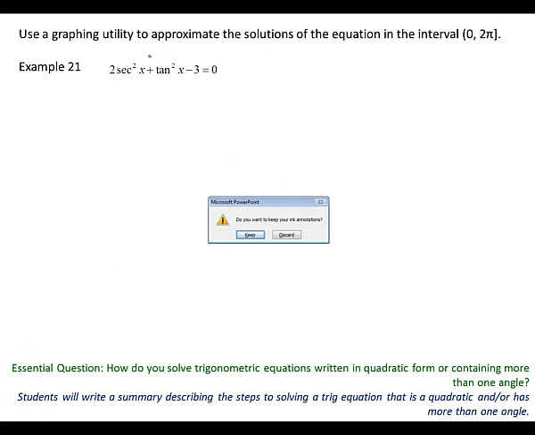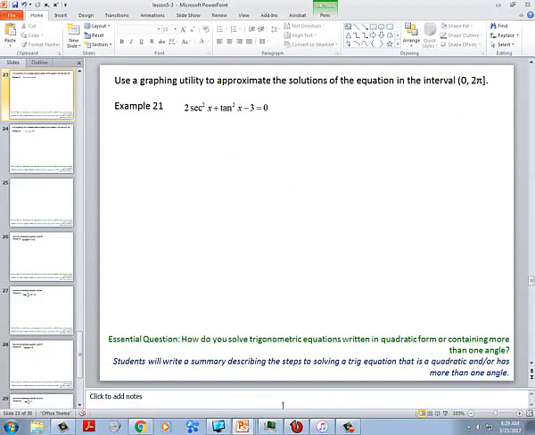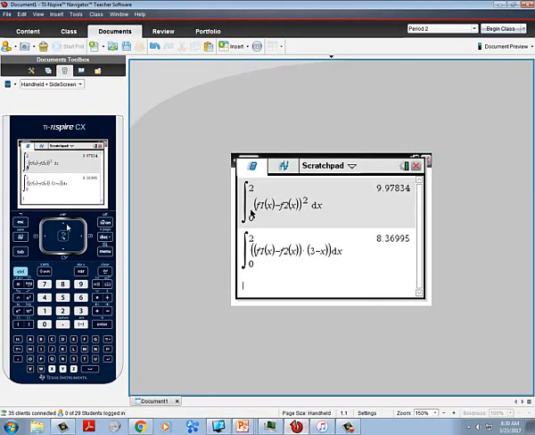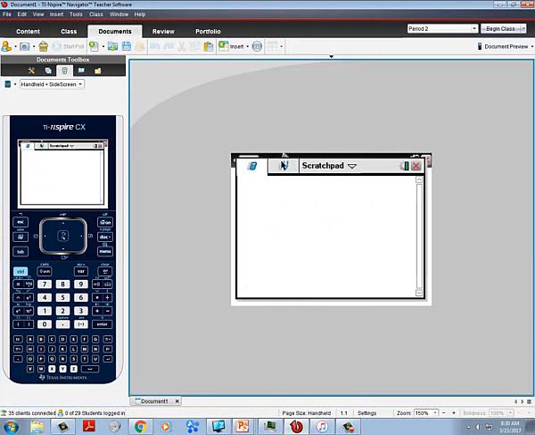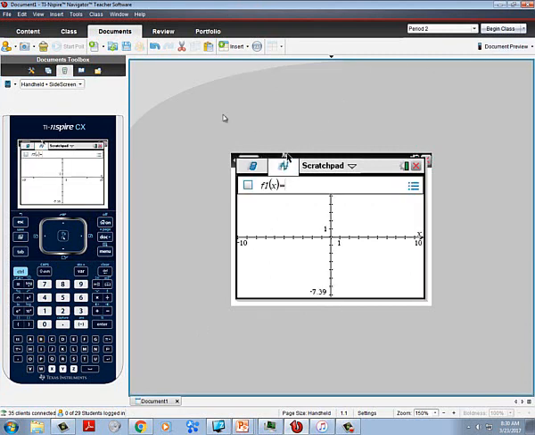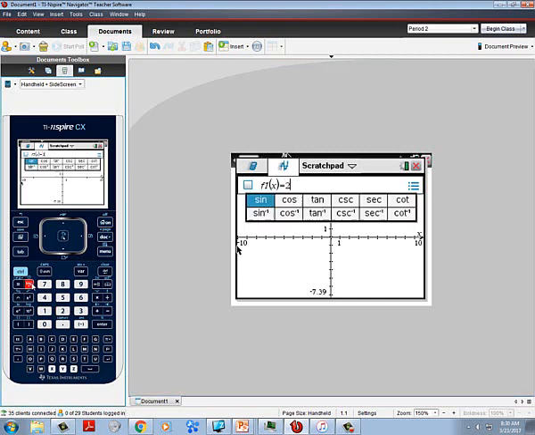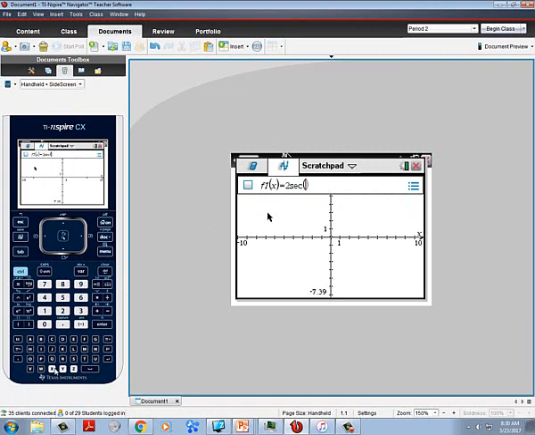So what we're going to do is put this in, and I'm going to show you how to calculate. I think we've probably done this before. You can hit Doc B. So we've got 2 secant squared. That's going to be fun. We got to figure out how to put the squared in there. Secant squared or secant x.